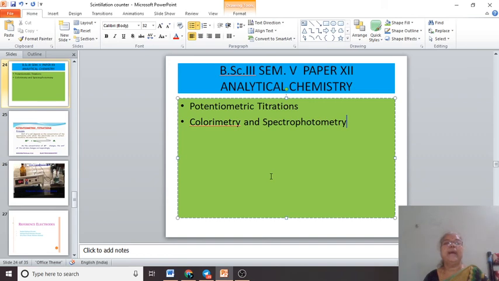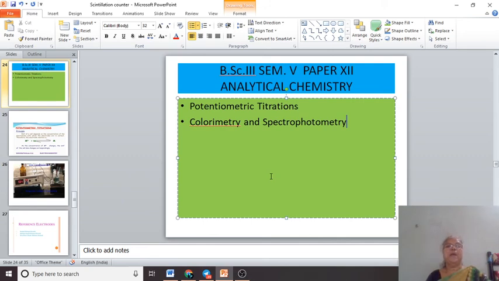One is titrant and the other is titrand. The solution whose concentration is known is the standard solution, and the other solution's concentration is unknown. We can determine the concentration of the solution by the titration method.